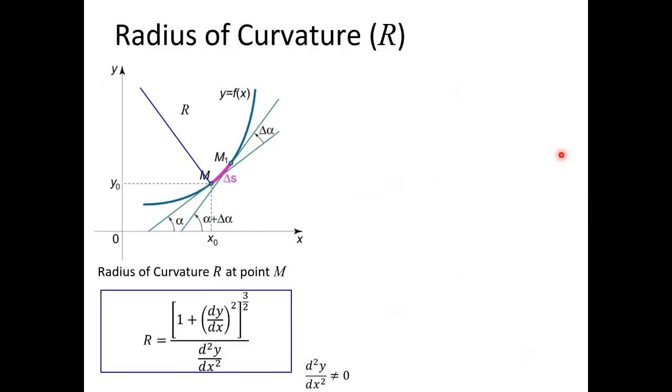Now, if a particle goes along a complex curve, sometimes for analytical purposes, we can divide the path into small segments, a collection of segments, and we can treat each segment as circular. Even though the curve is complex, if you can't define the curve, you can divide it into small segments and consider each segment as a circle.